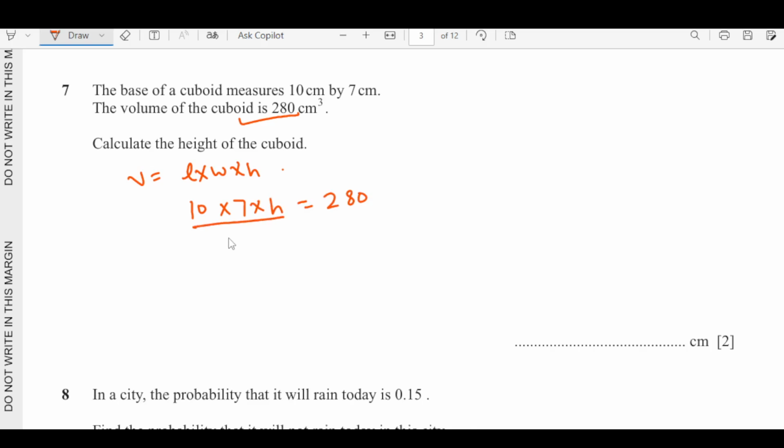So divide by 10 times 7 on both sides. So we have h here, this 0 is gone, so h is 4 centimeters, right?